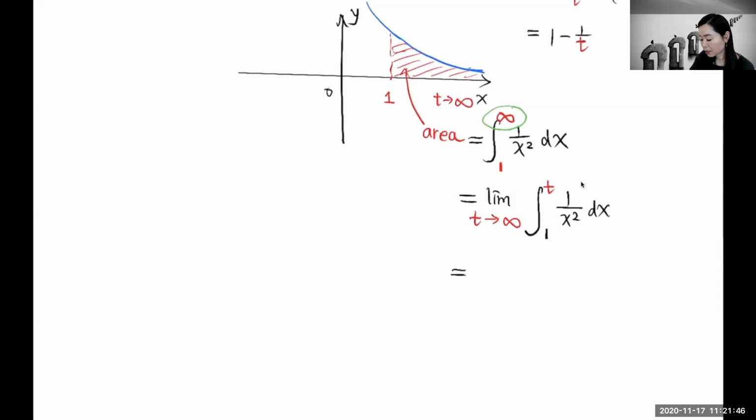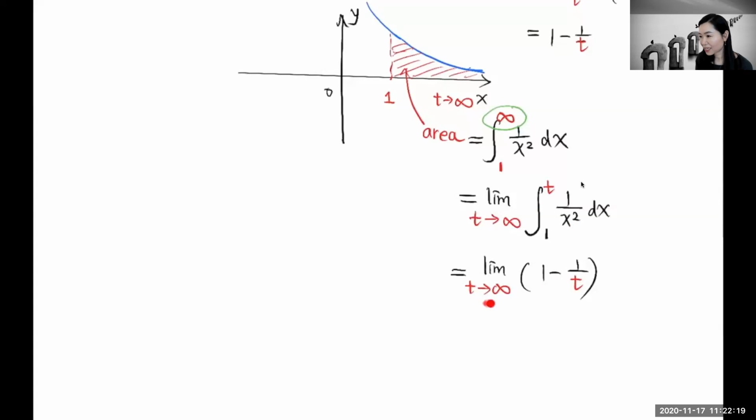We have done this proper integral up here, right? The result is 1 minus 1 over t. So we're going to take this limit, 1 minus 1 over t, where t goes to infinity. So we take the limit of this proper integral, okay?